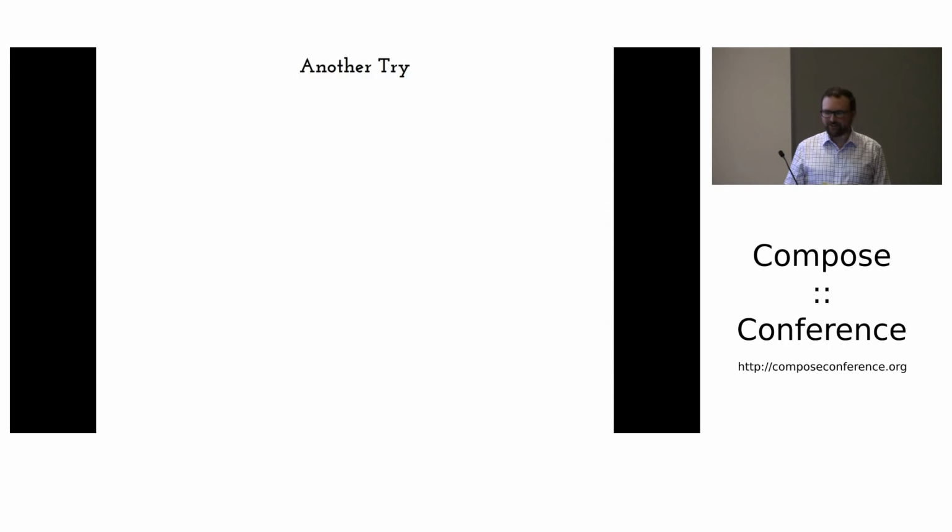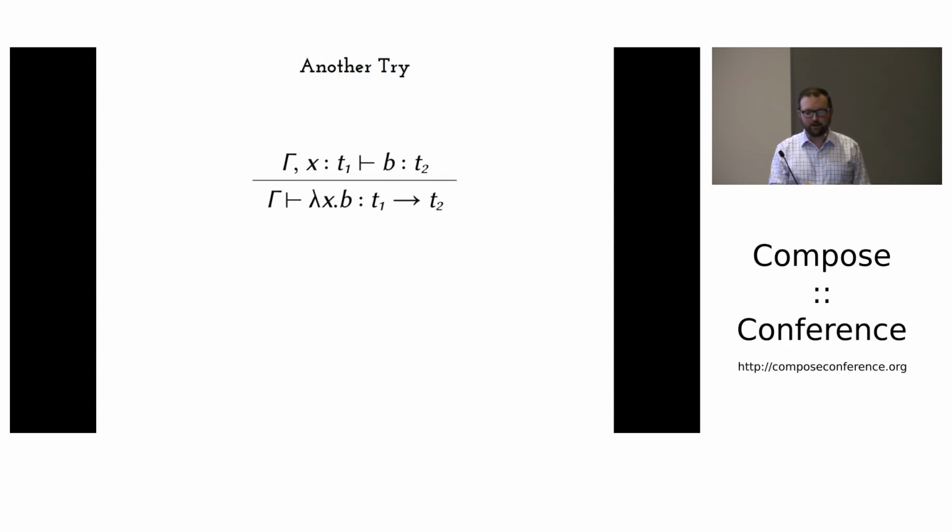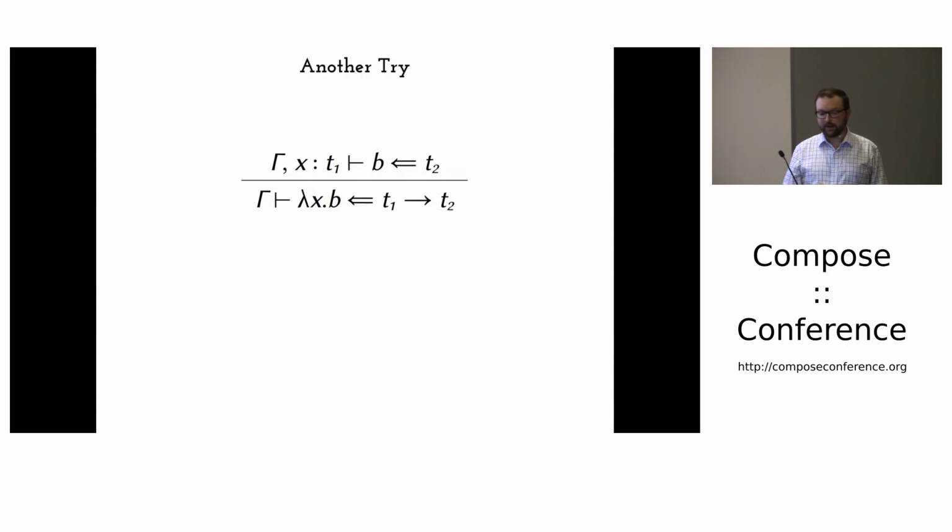So let's try again. It doesn't work to look at the expressions and always say we're going to get the type out. Maybe it does in certain restricted cases, but in general, it's not going to. So let's try again. Instead of having the type be something that we have to discover from the lambda, we're going to say that you tell me what the type is, and I will check that the thing you gave me has that type.